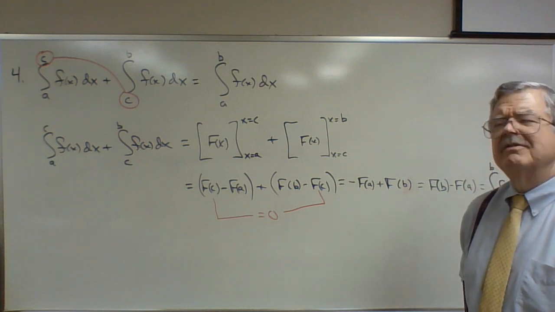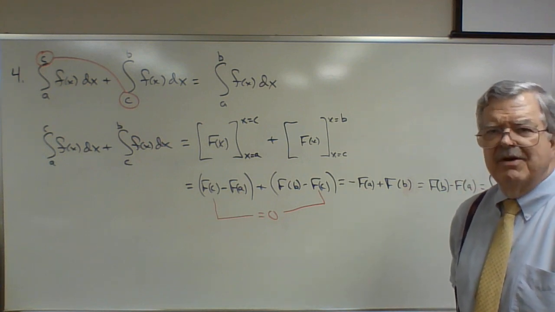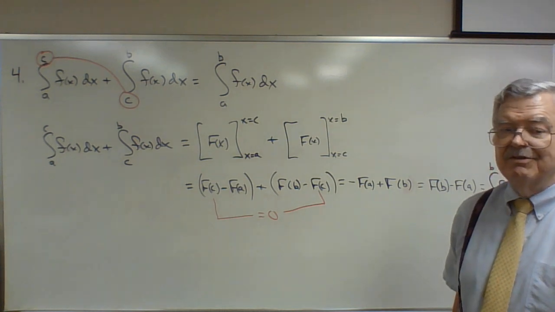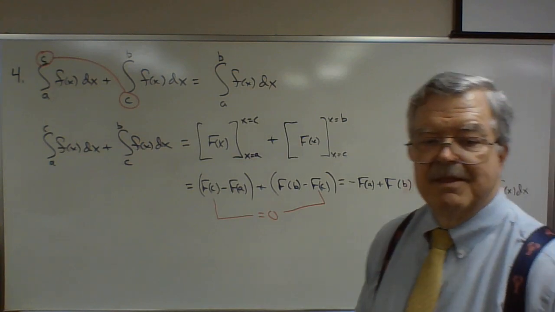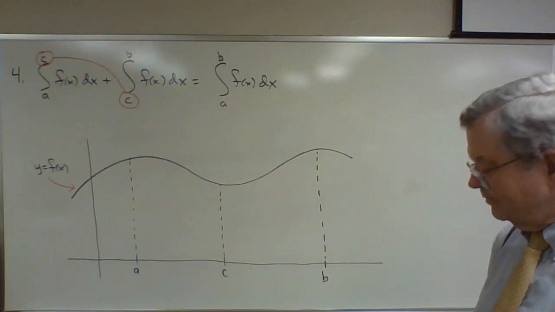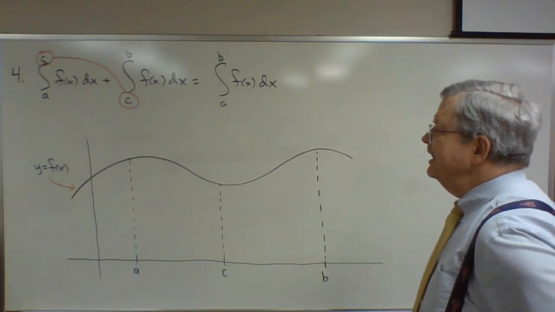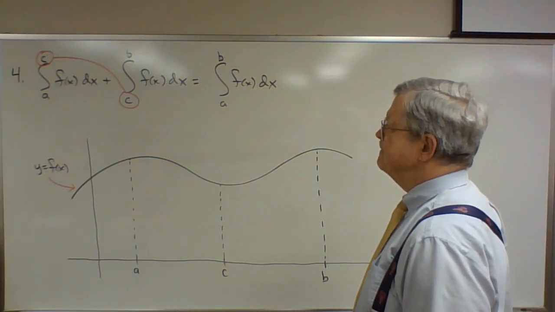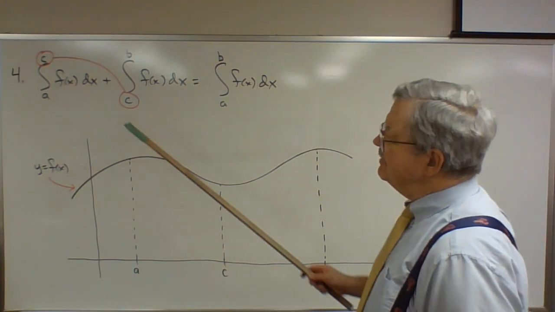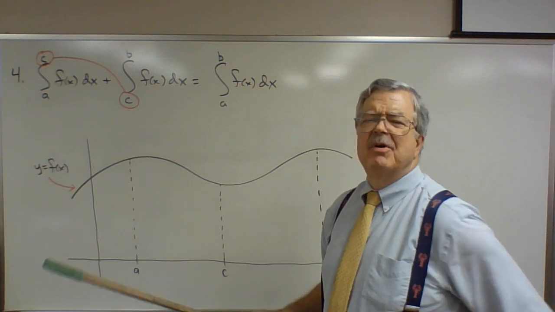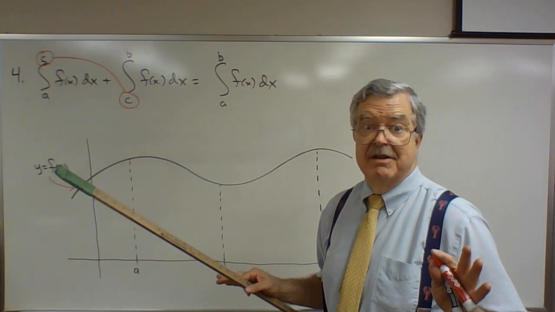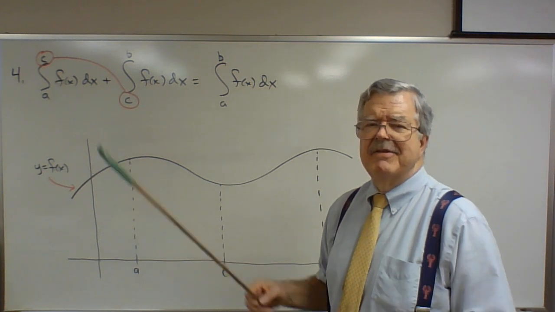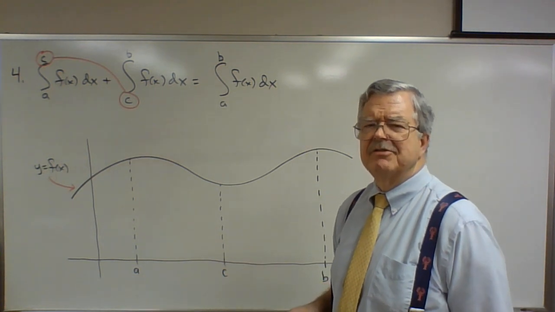Let's look at it geometrically also, because it's really going to make a lot of sense if we do this. Let's suppose, first of all, just to make things simple, that f of x is non-negative, so the graph of f of x lies above the x-axis.